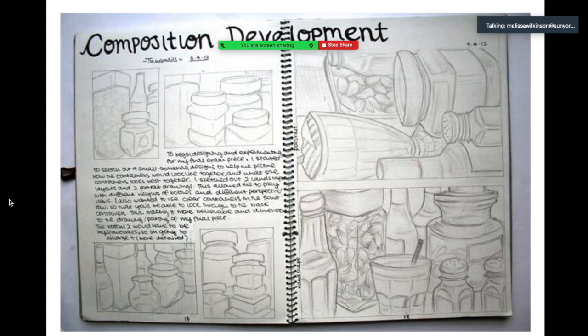So as people develop their compositions, they're playing with all of those things: cropping, emphasis, visual thrust, the rule of contrast, right? And as people think about that, they actually really do push their compositions. Each one is incredibly different, even though it's all the same still life.